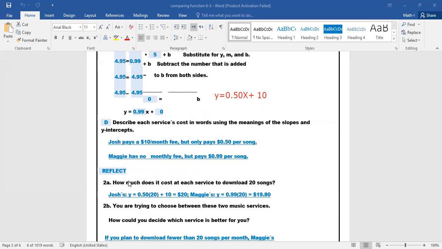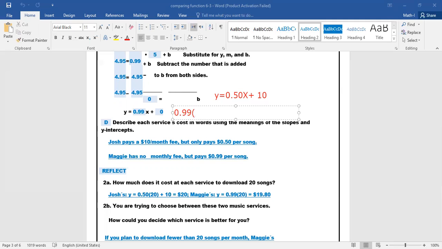How much does it cost at each service to download 20 songs? If both of them want to download 20 songs, could you please calculate for Maggie? We want to calculate for 20 songs, which means we are going to replace which number by 20? X or Y?